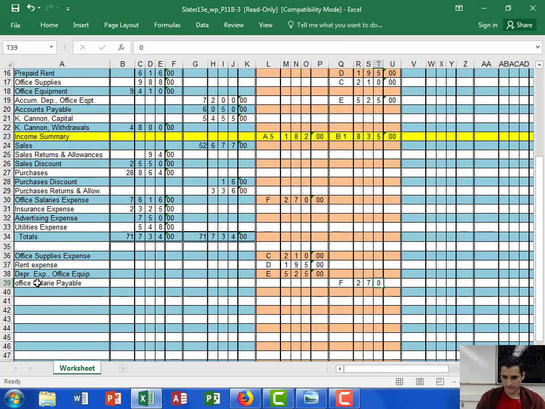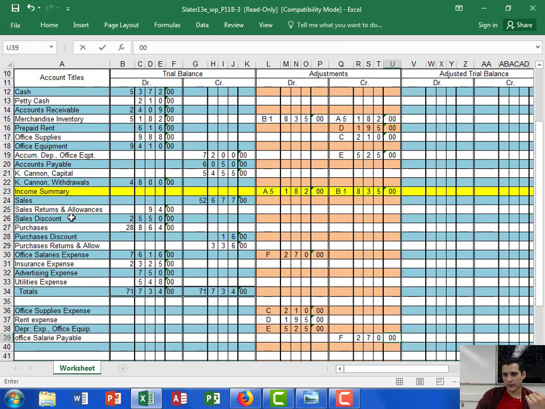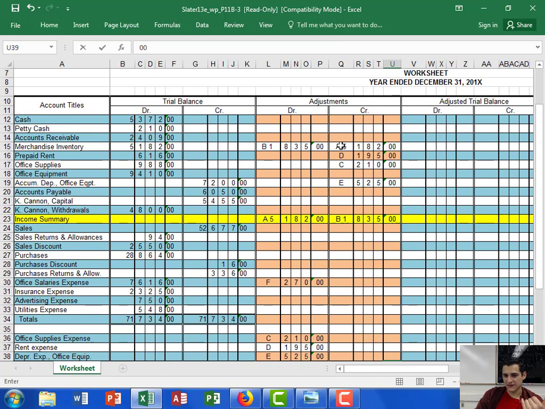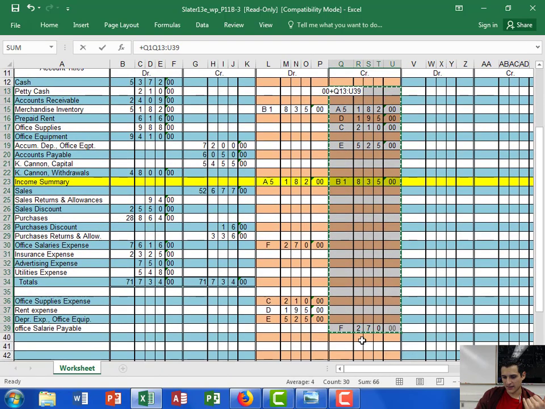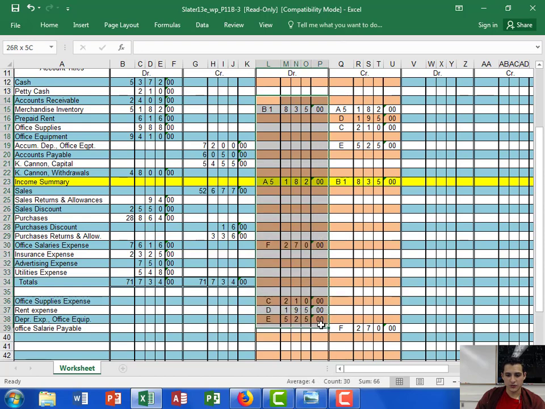for $270. One way to check to see if you're doing everything right is to take this credit and balance everything out down here, and do the same thing for the debit side. You should come up with the same equal value of total.